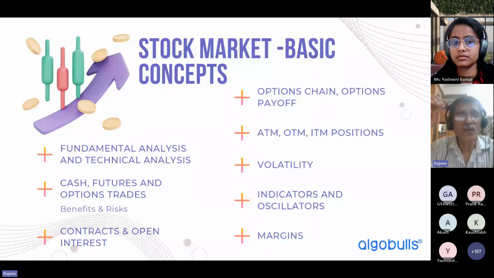You don't really look at what is happening in that company, what is happening in that sector, what are the government policies, etc. You purely focus on what the charts are telling you, how the prices are moving along with the volume of that movement. So that is where the technical analysis comes into the picture.